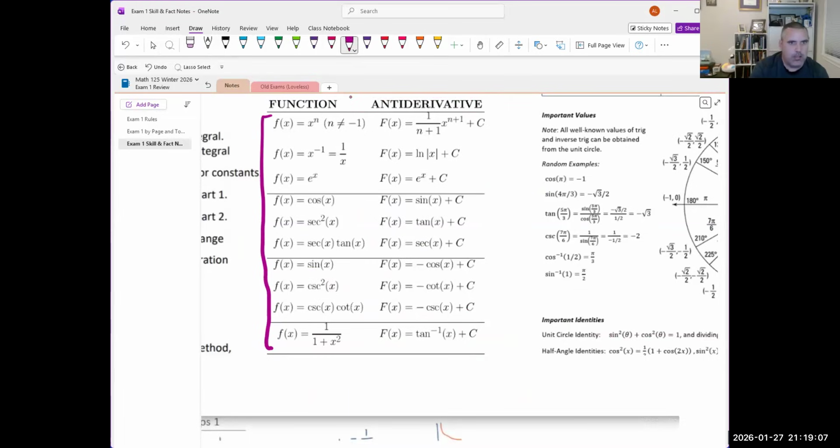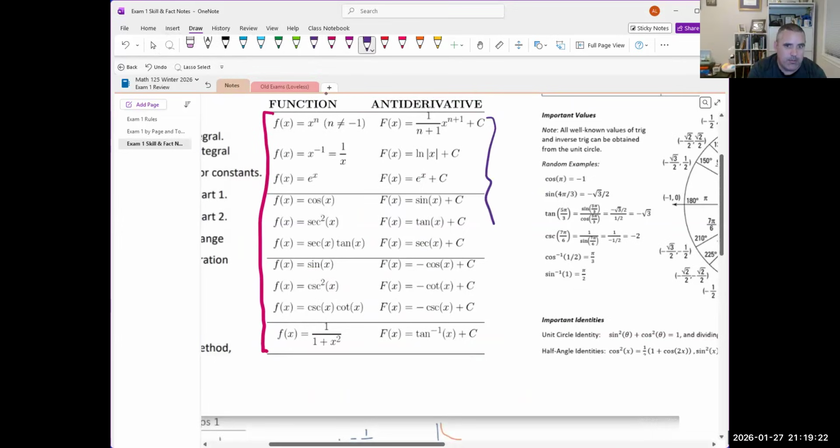At that point, you really do want to have the full list in front of you because it saves you in a few situations. But practically, I don't know, 99% of the time, these are the only antiderivatives I ever use. I am aware there's a few others, but based off of the history of integrals I've seen and how they're used, I feel good for exam one just saying these.